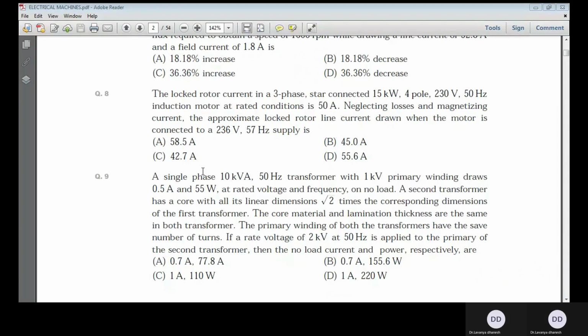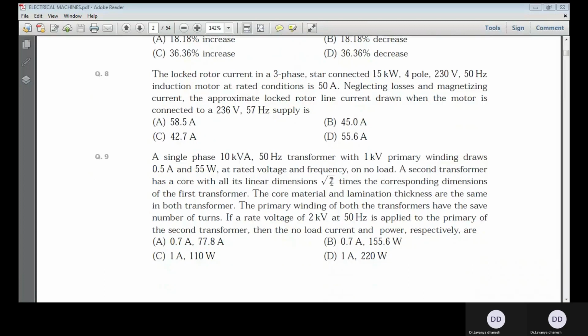Whenever you see the options, we have already told you many times, two options in the GATE will not be related with each other. Definitely you can odd-man it out and take it out, but the other two options will be closely related with each other. So you have to be very careful when you write the answer, especially for theory also. Out of four options, two options will be more or less similar to each other. So you have to be very careful identifying it.